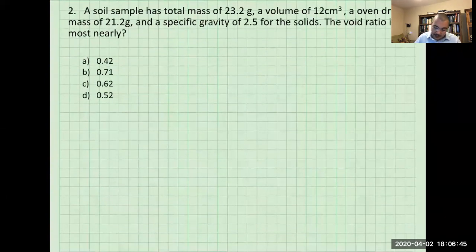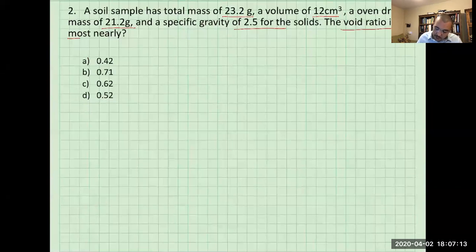And this is saying that there's a total mass of 23.2 grams and a volume of 12 centimeters cubed, an oven dry mass of 21.2 grams, and a specific gravity of 2.5. They are also asking for the void ratio.